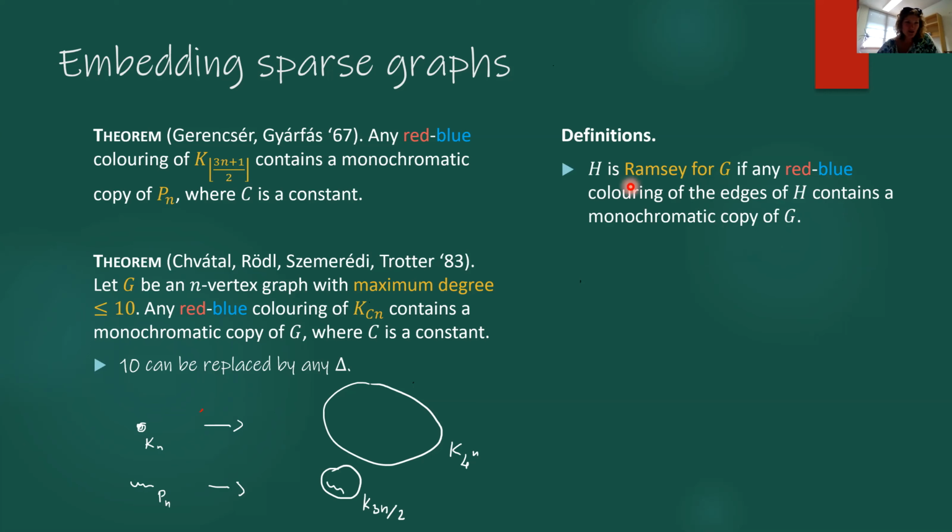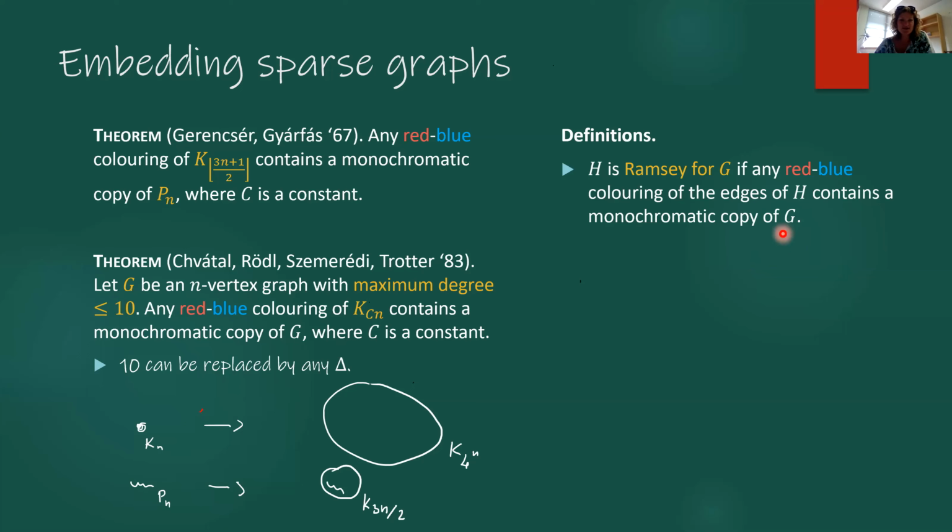H very robustly contains G. Even if you let an enemy come and color all the edges red and blue, they still can't destroy all the copies of G. Again, this is an important definition, so in case you have any questions, please let me know.